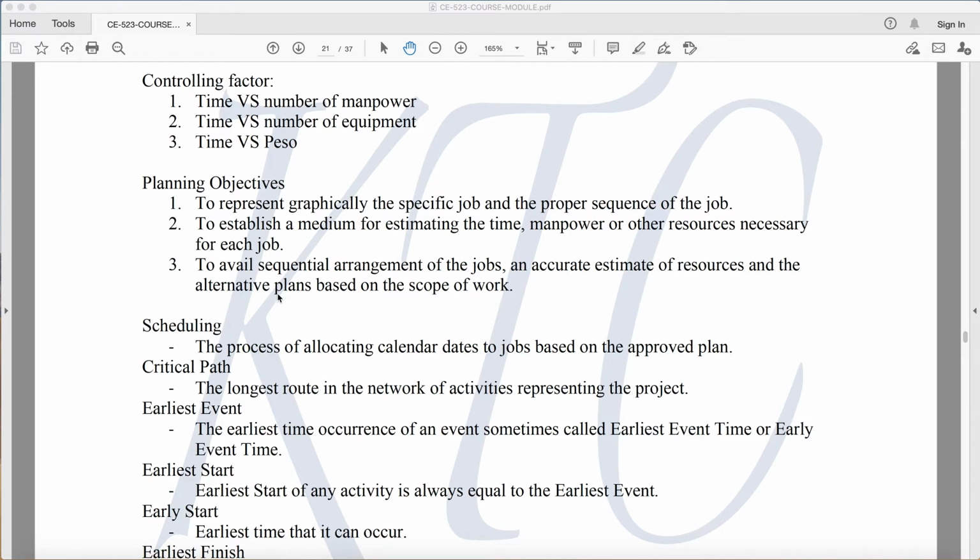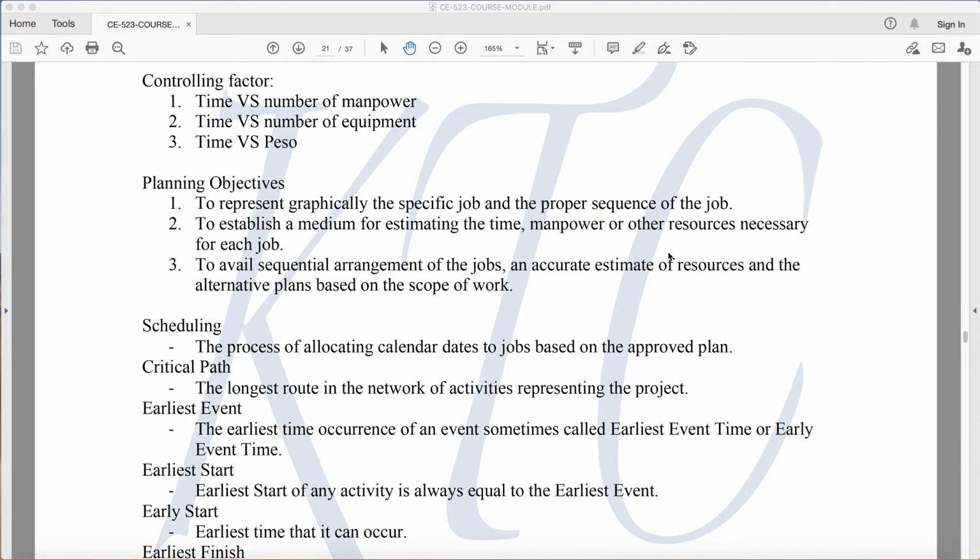What are the possible alternatives? Okay, so these are the objectives of a planning. So dito pa lang na foresee natin yung mga bagay na mangyayari, and if there might be undue delays or unnecessary items, we mitigate and or we remove them.